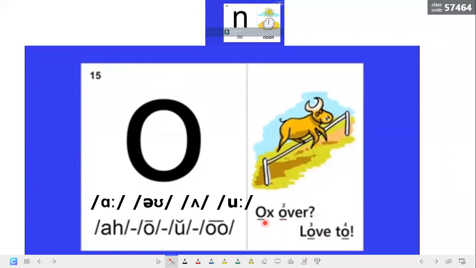You will notice that the letter O is underlined 4 times and taking numbers 2, 3, 4. And these numbers represent the 4 different ways of pronouncing the letter O, okay, in order.